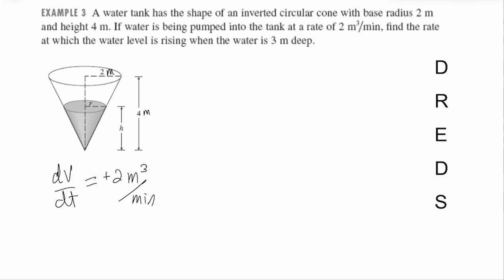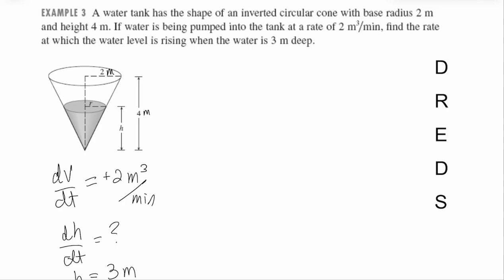And then it says, find the rate at which the water level is rising. So that would be our change in our height. So what is dH dt? When the water is 3 meters deep, so when the height is 3 meters.